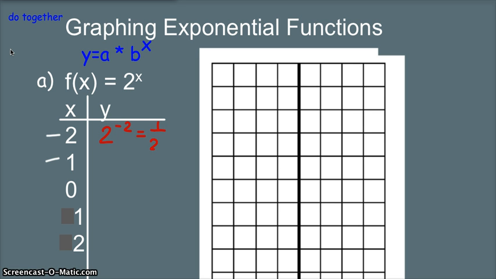That's 1 over 2 to the second power, which gives me 1/4. 2 to the negative first would be 1 over 2 to the first, or 1/2. 2 to the 0 would be 1. 2 to the first equals 2, and 2 to the second equals 4.